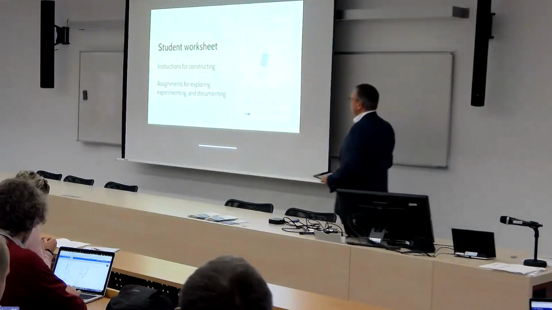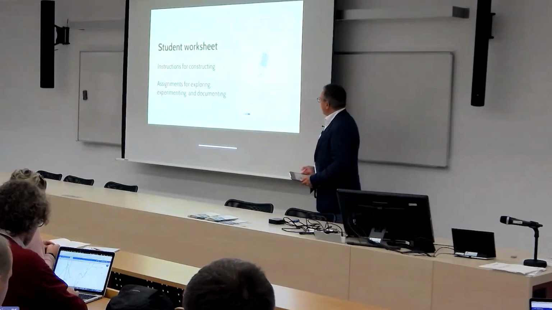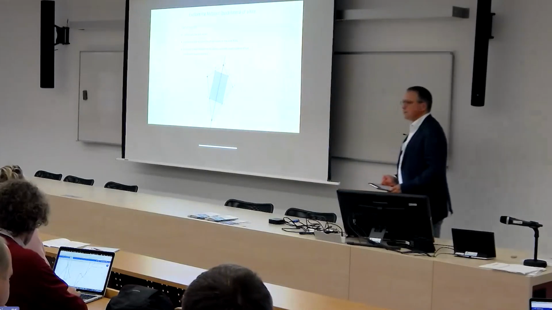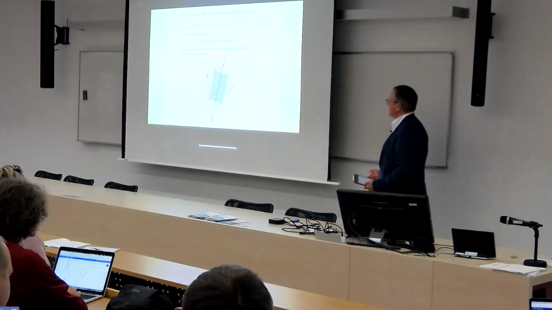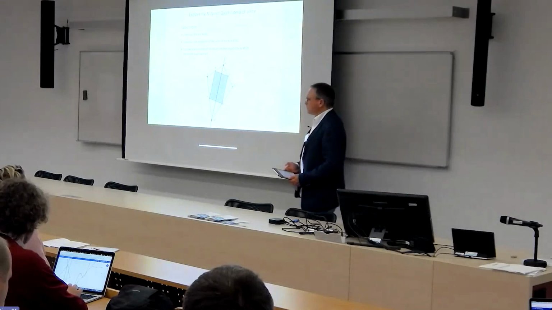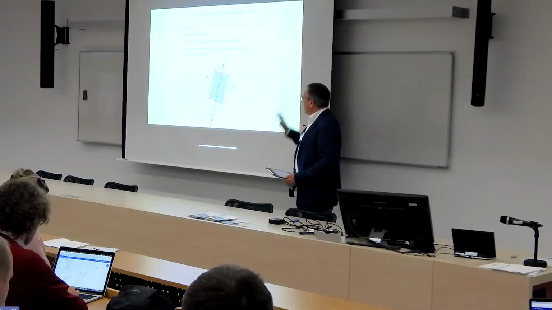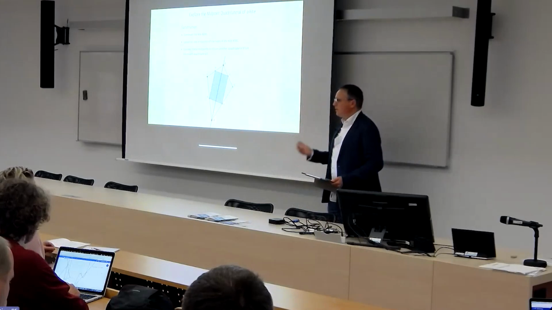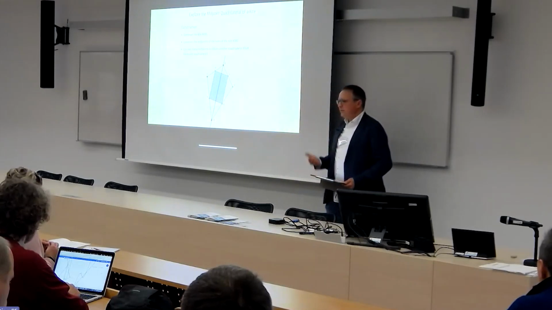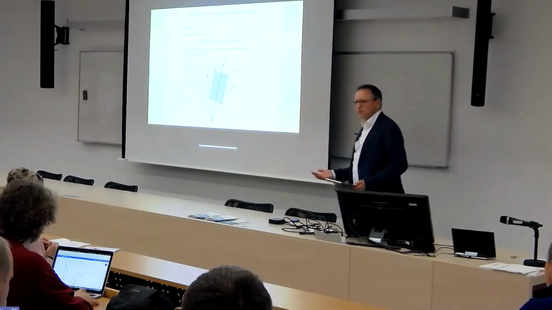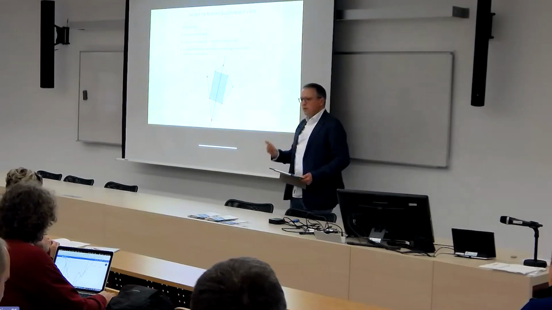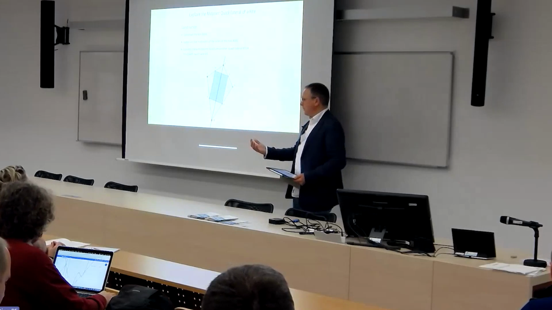And this is, of course, the student's worksheet. And these students' worksheets, they always have the same structure. We have the first part, which is the construction part. And here the students always start with a new board. We don't give them prepared constructions, because when you give them a prepared construction, you are sharing your idea of the problem.